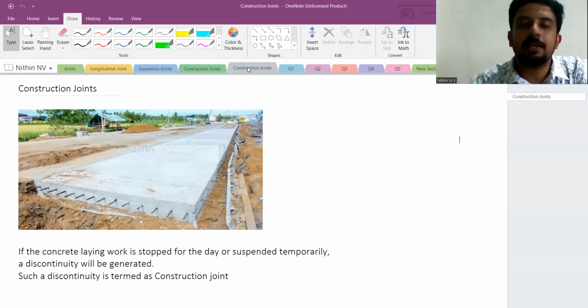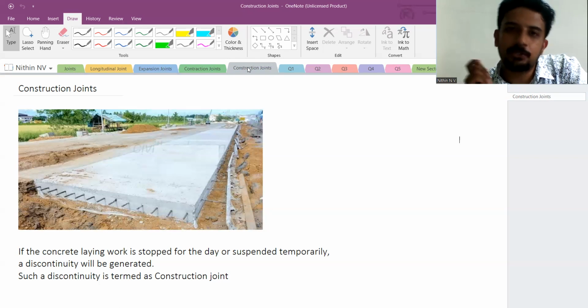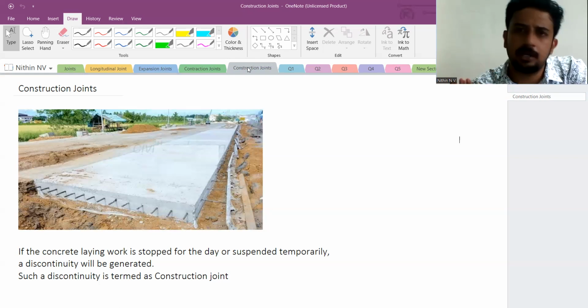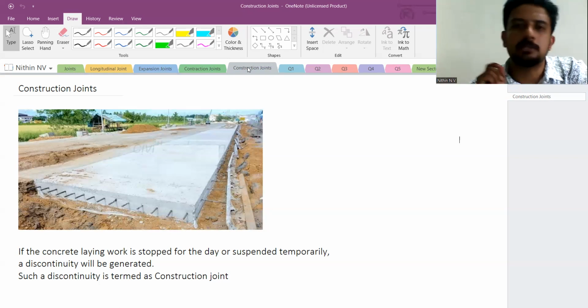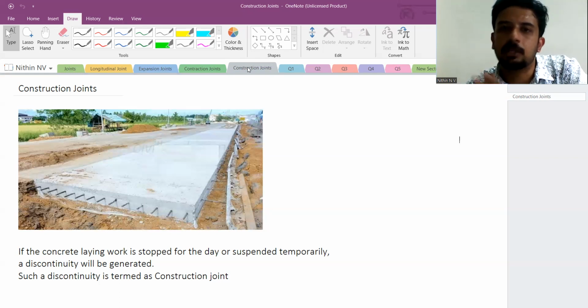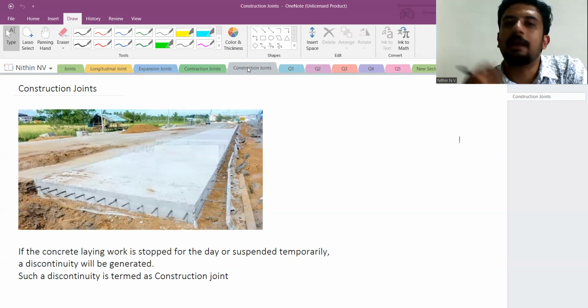That's why. So here also, whenever we are stopping the work for a day or temporarily, maybe due to COVID, we have suspended all the works. Due to any reason, it can be a flood, it can be an earthquake. Maybe while this rigid pavement construction is going on, an earthquake is reported in the nearby city. Definitely, temporarily, the concrete work will be stopped because we are not sure whether the earthquake will happen again or not.